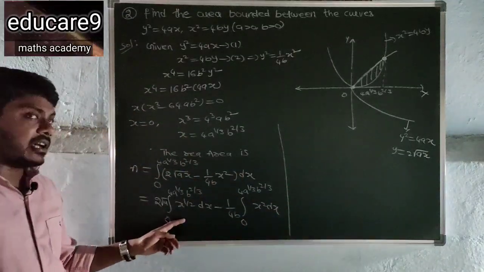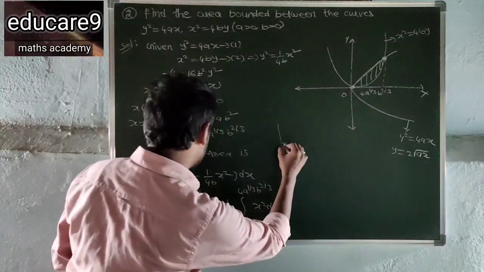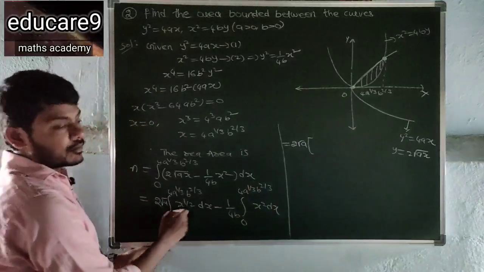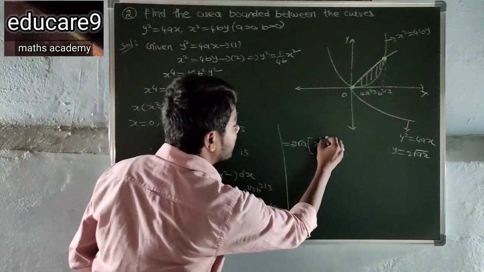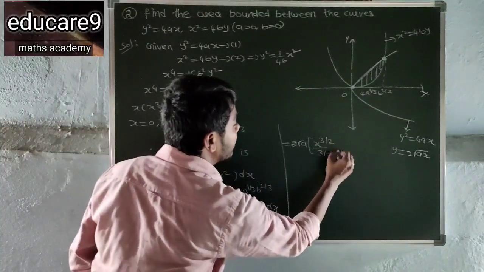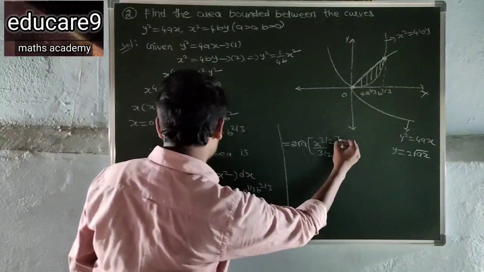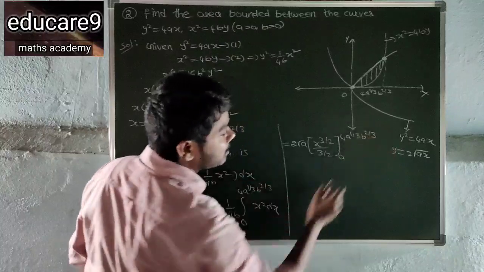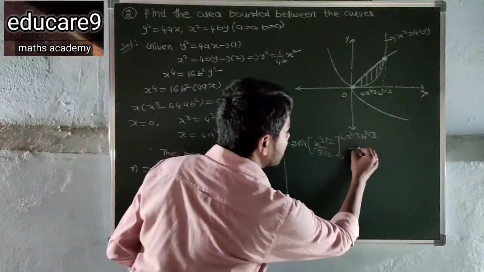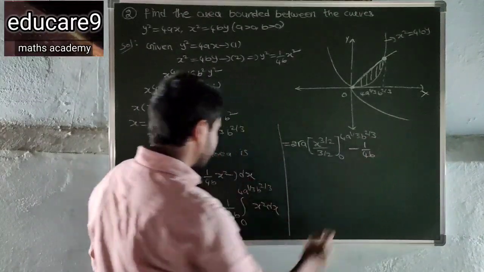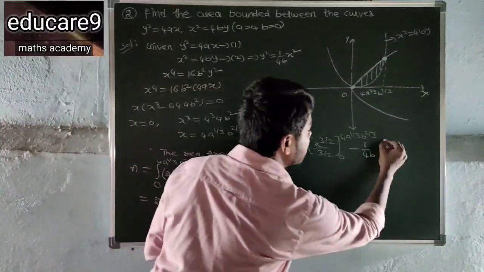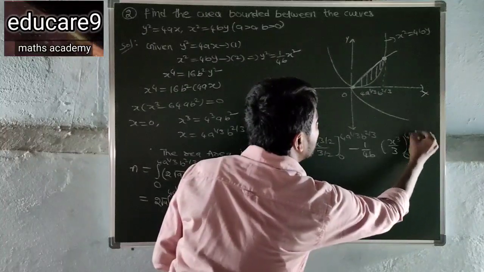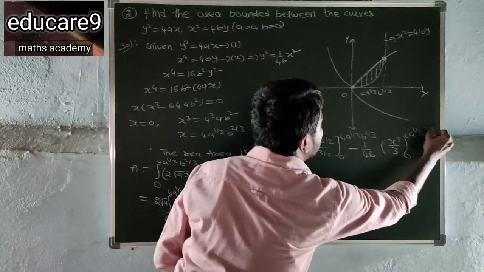Now you know the integration of x to the power of 1 by 2 formula: x power 1 by 2 plus 1, that is 3 by 2, by 3 by 2, within the limits 0 to 4a power 1 by 3 b power 2 by 3. Next, minus 1 by 4b integration of x square, that is x cube by 3 within the limits 0 to 4a power 1 by 3 b power 2 by 3.